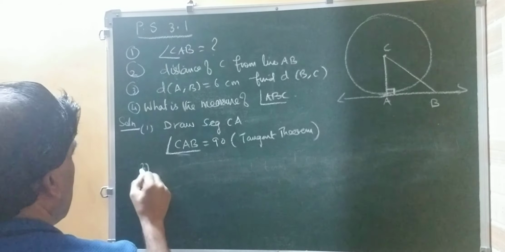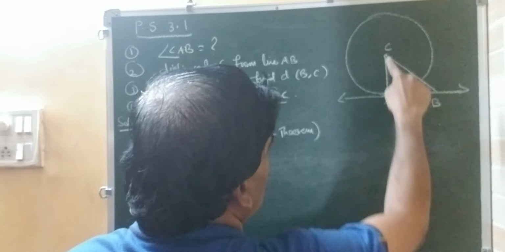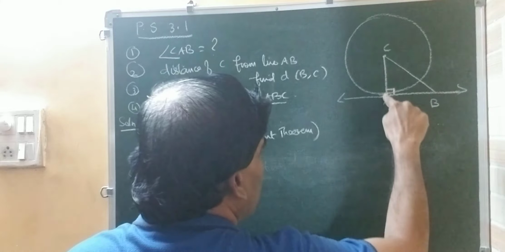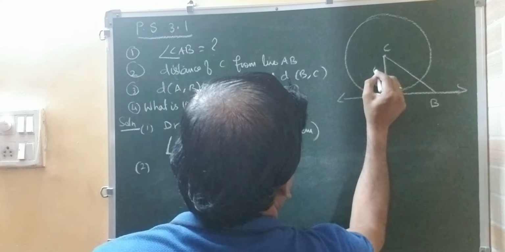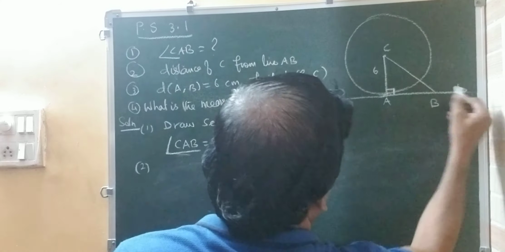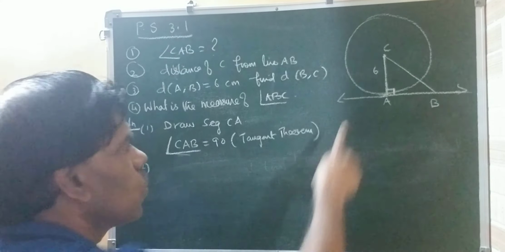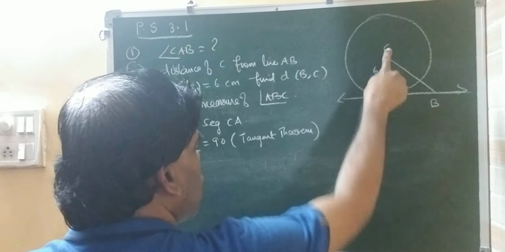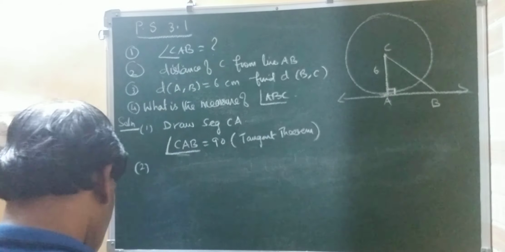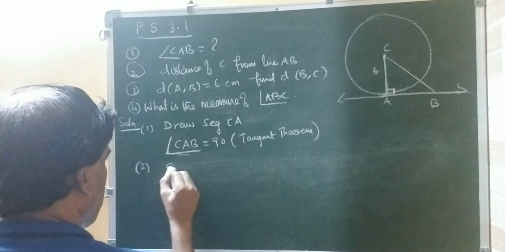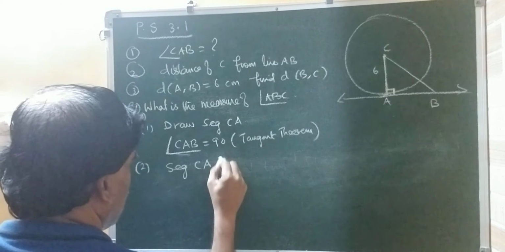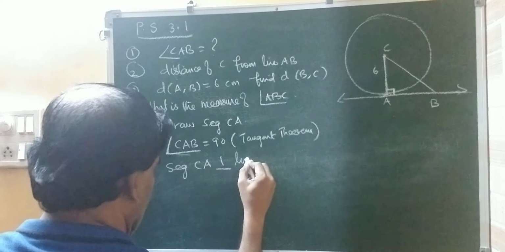Number 2. Distance from C. What is this distance? They have given 6 centimeter. This is a line, this is a perpendicular. Distance means always it is a perpendicular. So, what is the distance of C from AB? 6 centimeter. Segment CA is perpendicular to line AB.